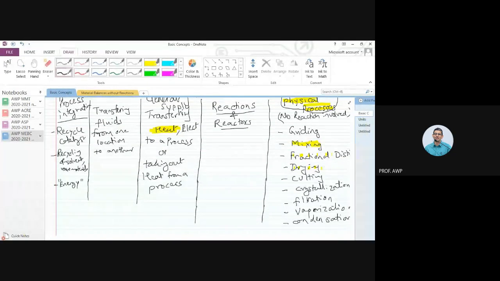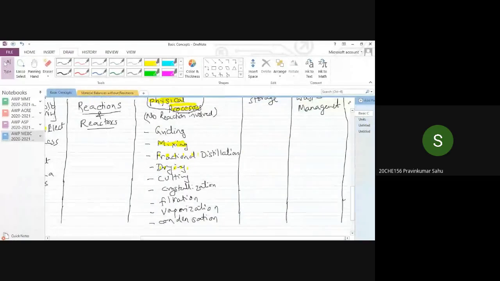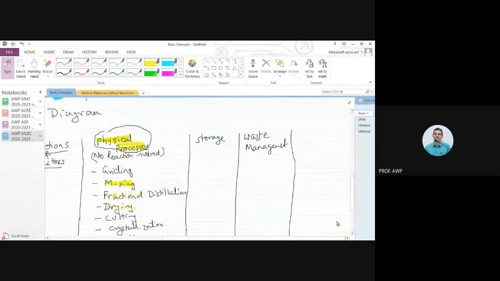Okay, anything else? Sir, so process reaction integration conditions means making a process eco-friendly or efficient. All right, that comes under waste management, and I will give another fancy name for that. I will just explain what I mean.